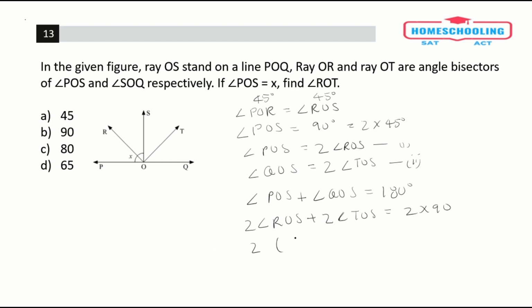If we take 2 common, then angle ROS plus angle TOS is equal to 90 degrees. So you can write these two angles as angle ROT is equal to 90 degrees. So the correct answer would be B, angle ROT.